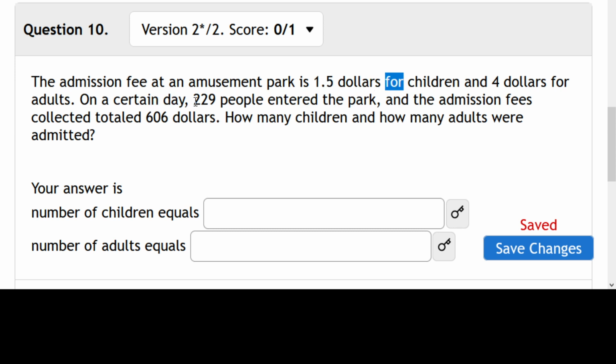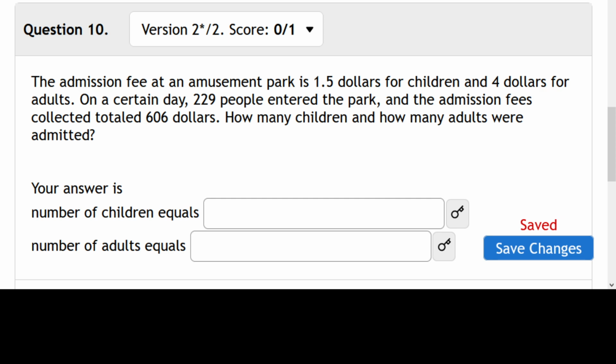And then what do they tell us? They tell us also that on a certain day, there were a total of 229 people who came into the park. So that just means that the number of children and the number of adults, if I add those numbers together, is going to be 229. So this represents a total, and when we're talking about totals, we're talking about adding things together.